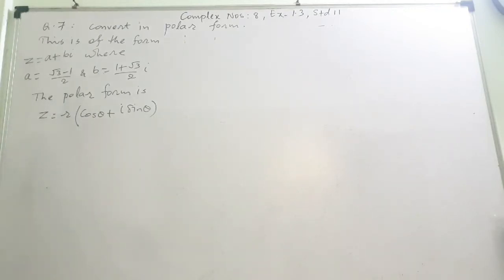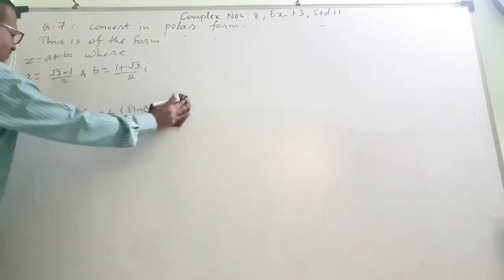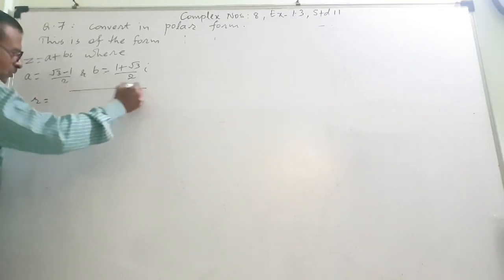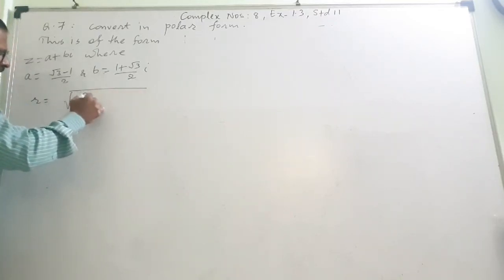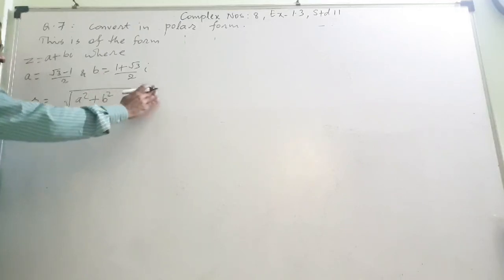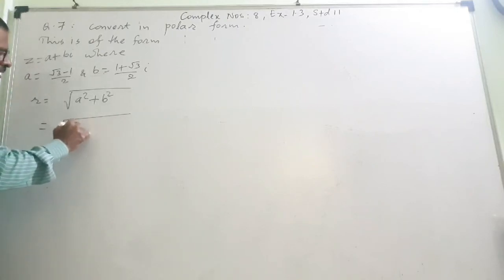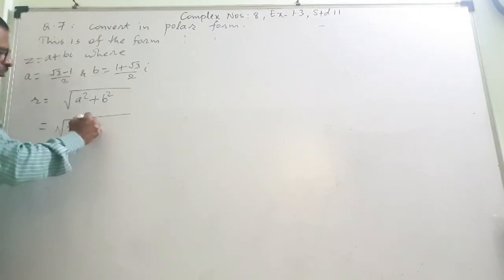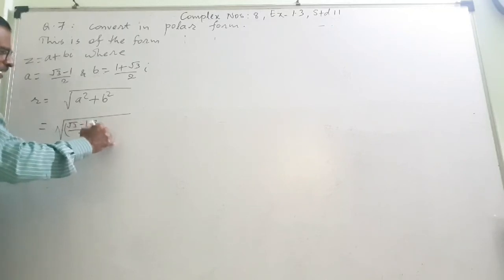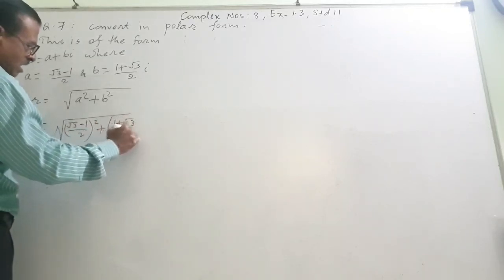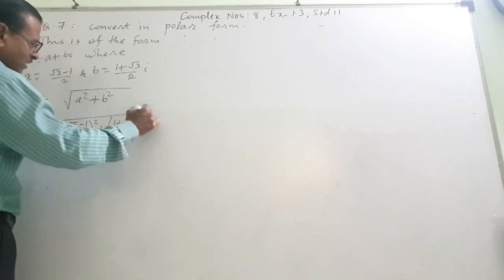So I will find r. r is equal to under root a square plus b square. So that is equal to under root, a is how much? Root 3 minus 1 upon 2, its square, plus b is how much? 1 plus root 3 upon 2 bracket square.